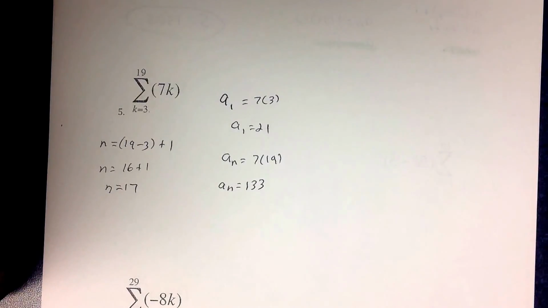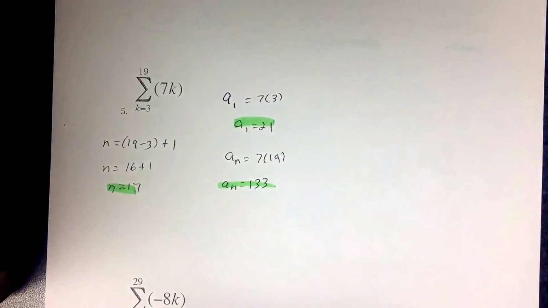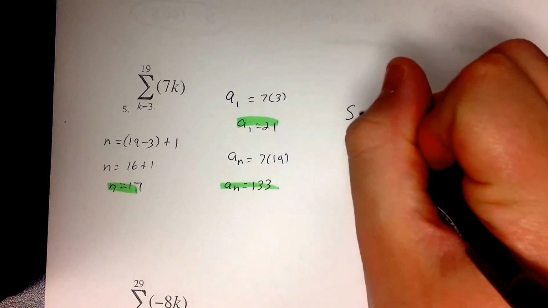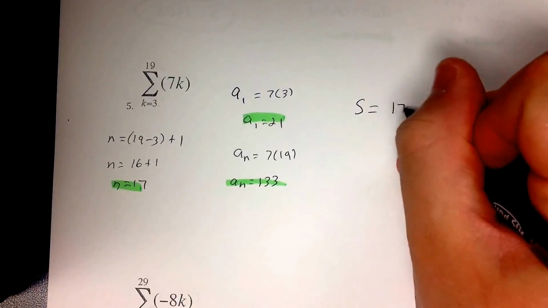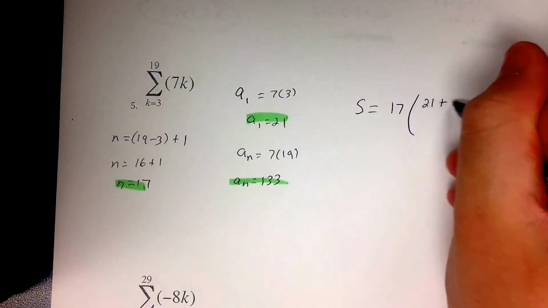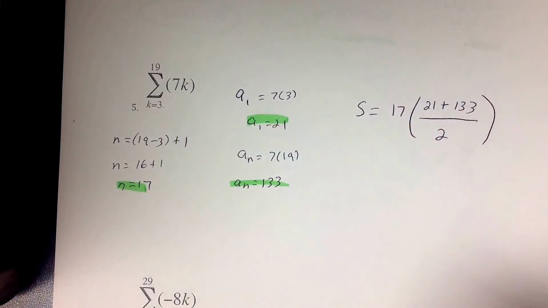So again, we've got our three things. So we got n, a1, an. So if I substitute, I get the sum equals n, which is 17, times a1, which is 21, plus an, which is 133, divided by 2.